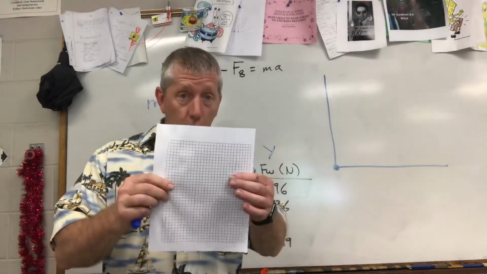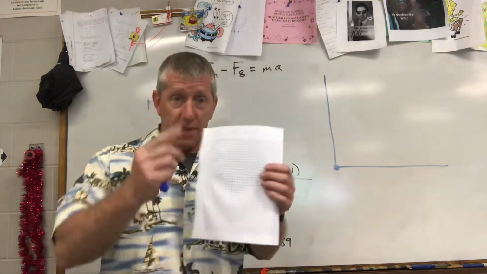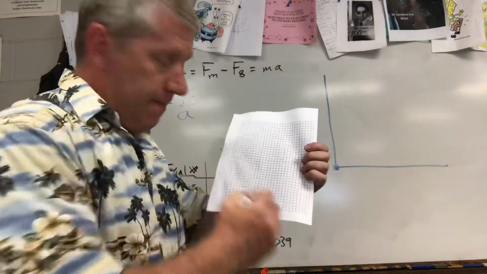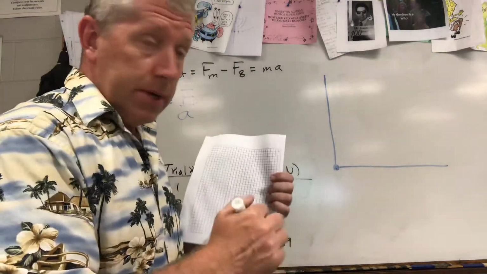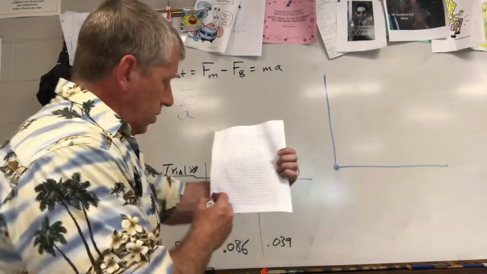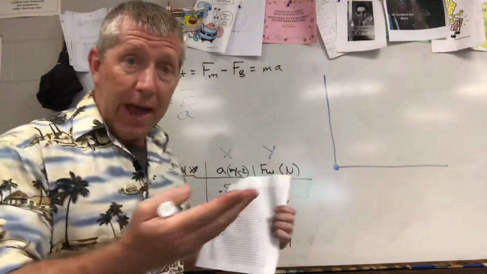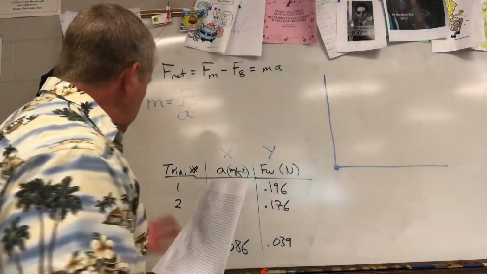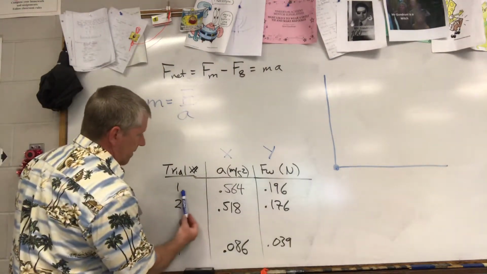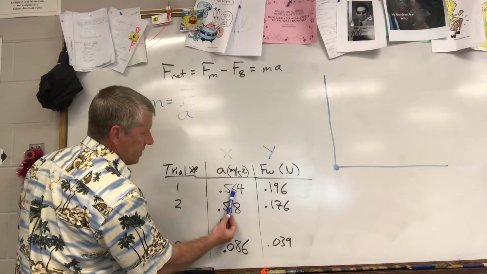Okay, you pick the scale that you're going to use, but do put F on the y-axis. On the x-axis, you're going to put A. Got to do that, and I'll show you why in a minute. You decide. Figure it out. Look at your data points. I do know that for the acceleration, the fastest acceleration is 0.564.